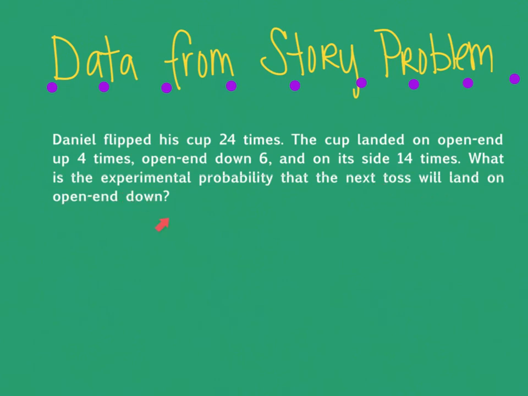So instead of me having a table, what I have is all the information in a sentence. So I'm going to be looking for the question, what is the probability that the next toss will land on open end down? So this is similar to just doing the dice or the marbles. I'm looking for the probability.